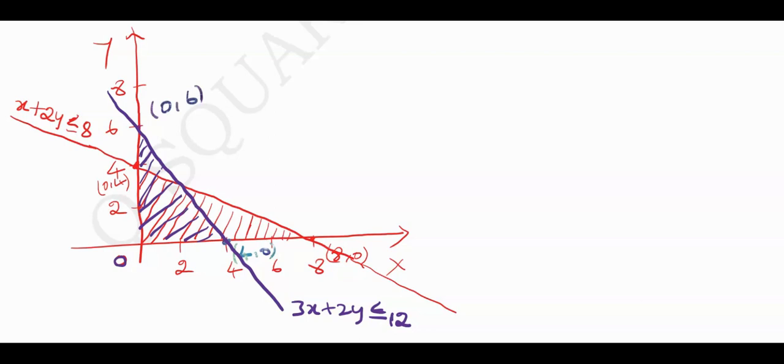Now the highlighted region, that is, this region is the common region for these 2 constraints.